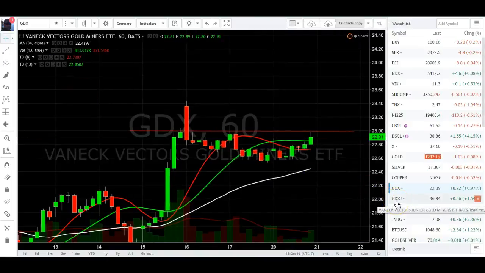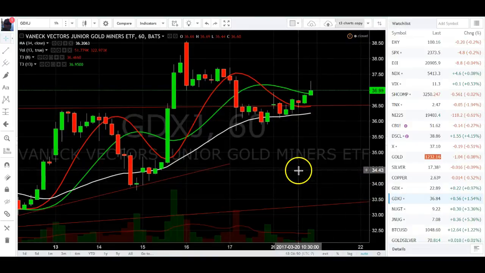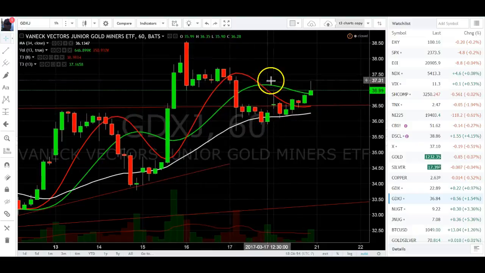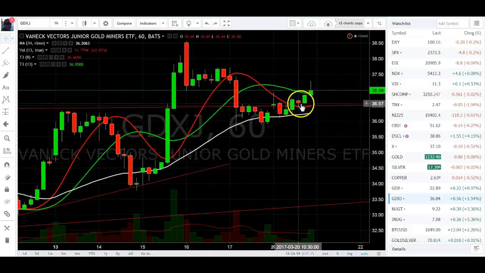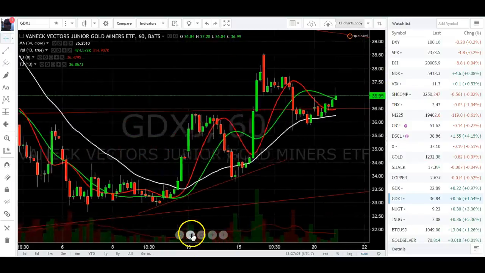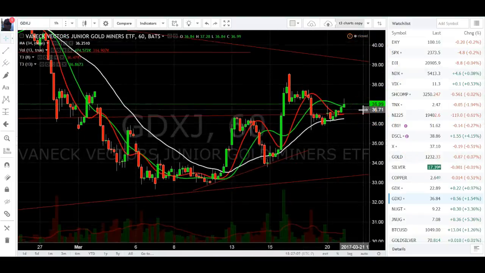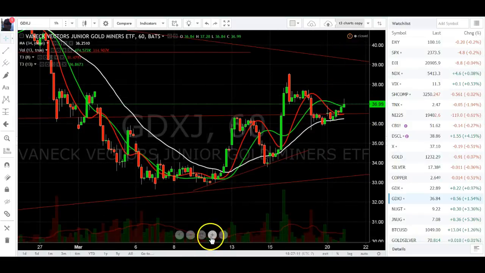Let's look at these 60 minutes on GDX as well. Nice consolidation right over the 34, 2-bar pattern into the 8, into support, cross the 8, into support, make a nice little hammer pop. Pop and coming back in, looking like an inverted hammer.